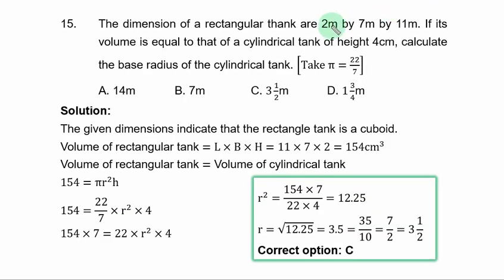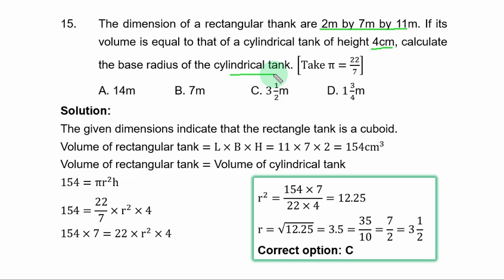Question 15. The dimension of a rectangular tank are 2 meters by 7 meters by 11 meters. If its volume is equal to that of a tank that looks like a cylinder of height 4 cm, calculate the base radius of that tank that looks like a cylinder.